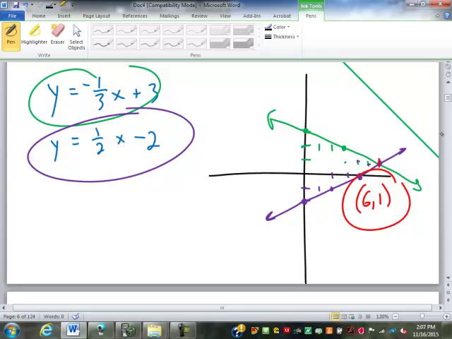In the book, there actually are a couple that come out to be like fractions or decimals. I don't expect you to be able to get fraction or decimal answers. Anything I give you on a quiz or a test, if I want you to solve it by graphing, it will be an integer value. There's not going to be a fraction or decimal on it, because graphing is not meant to be that accurate unless you're using a CAD system or some sort of electronic graphing system. Then the computer can give you that exact decimal.